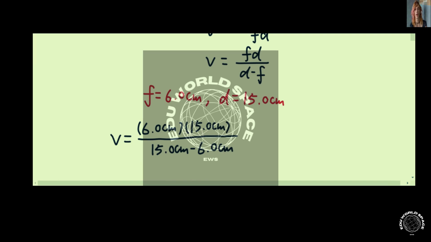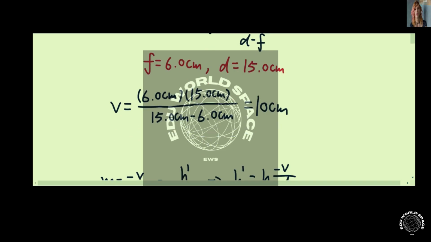And this will give us the image distance of about 10 centimeter. And since it's positive, that means the image is at the left of the vertex. So at the left of vertex.